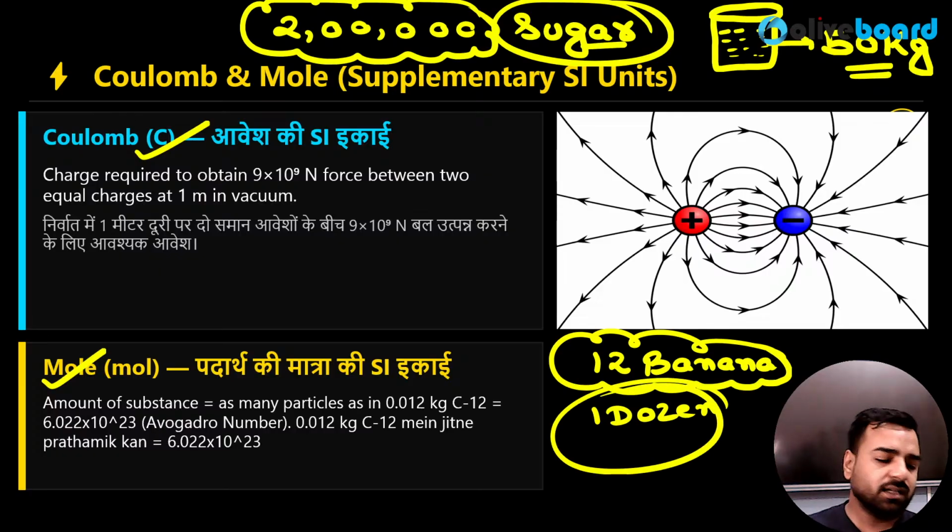So he'll understand I'm talking about 12 pieces. Simple. Similarly, if I talk about pairs, obviously 2 will be there. Again the same concept: since 2 lakh sugar crystals were impossible to count, I had another way, 50 kilograms and so on.